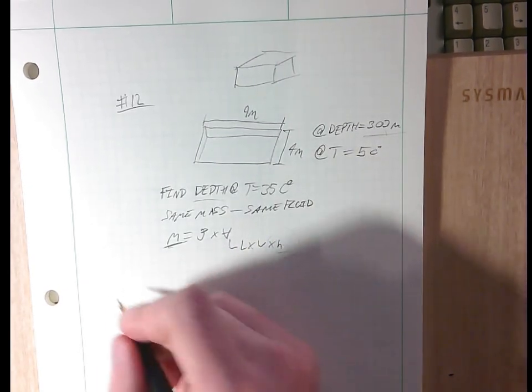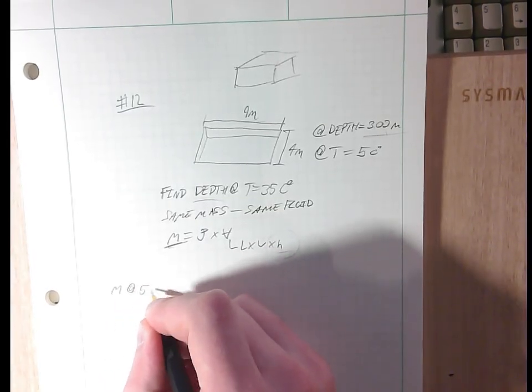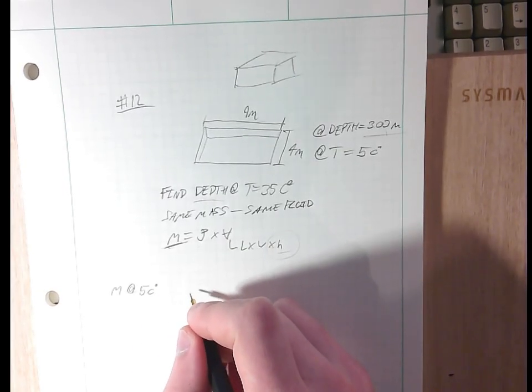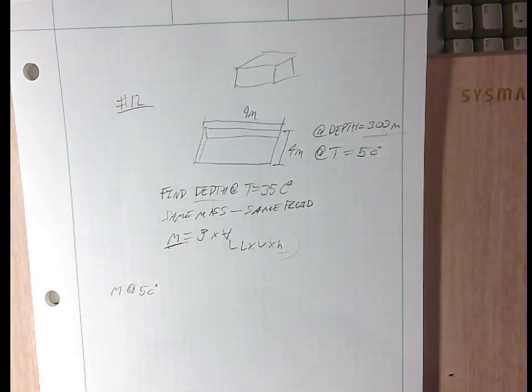So let's first find m at 5 C. The density of water at 5 degrees C, if I remember correctly, I could just look at my worked example here. I think that's just going to be the straight 1,000 kilogram. No, not quite actually.